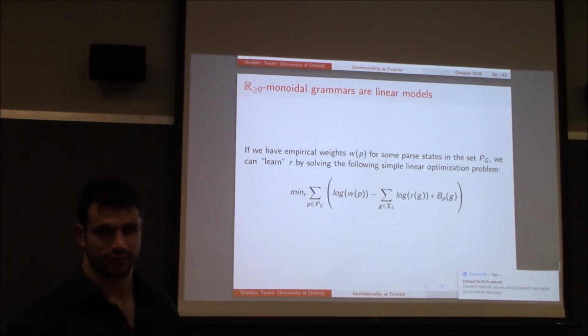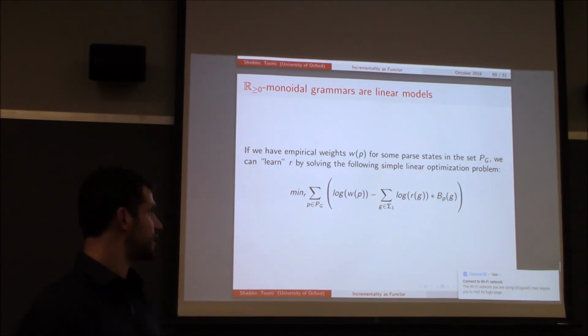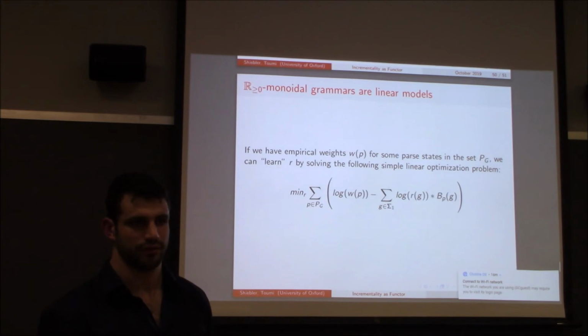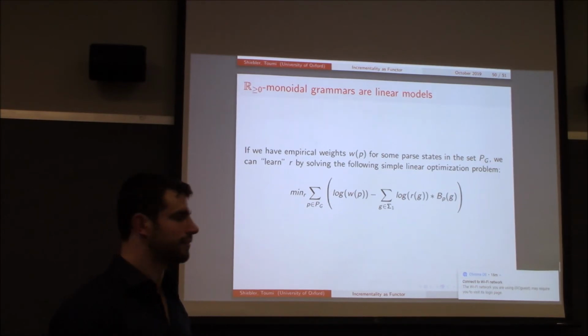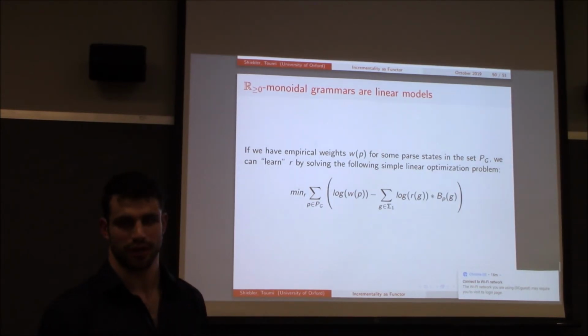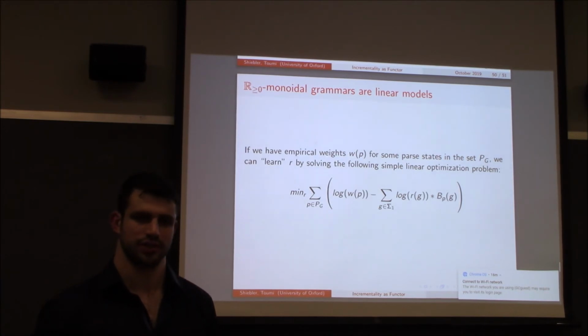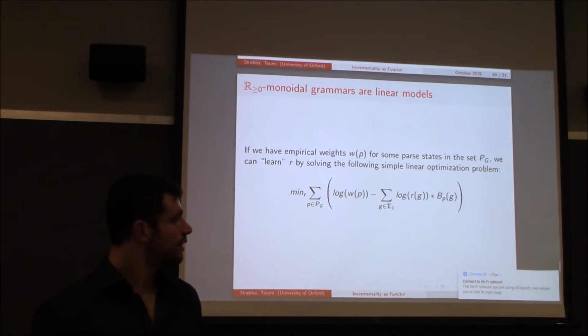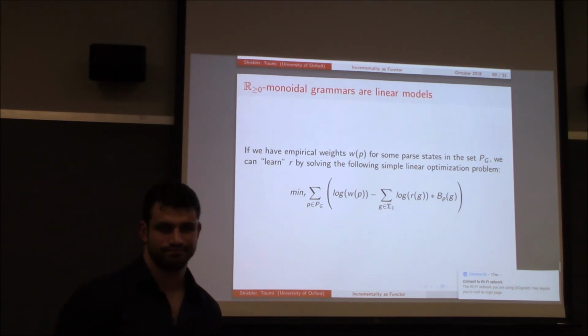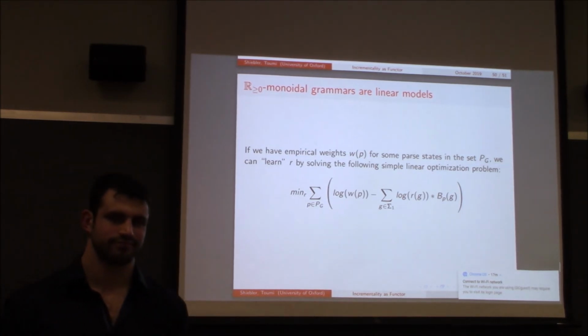And if you do that for some small number of parse states and fit this linear model, you can then model, kind of like a naive Bayes sort of approach for modeling linguistic parsing, the distribution of syntactic interpretations of a subsentence. And that's all I've got. Thank you.